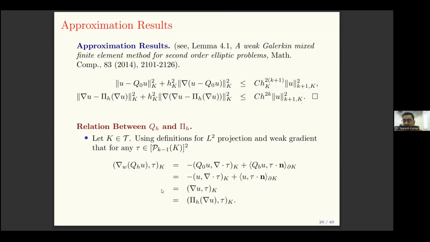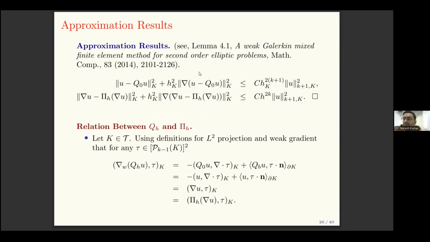So now we have the approximation results derived in this paper. We are in mixed finite element. In this paper they derived that the L2 projections can be bounded by u.